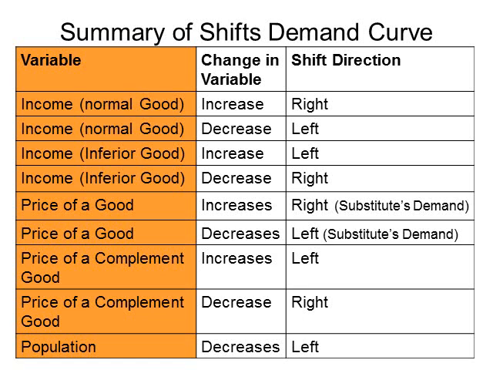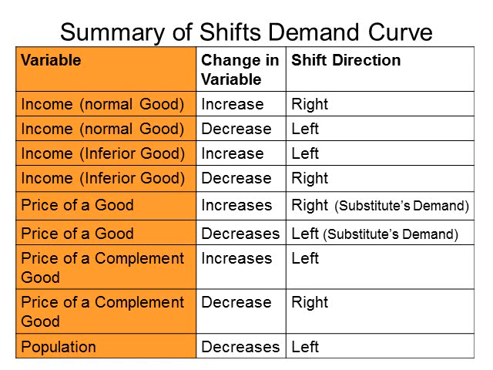The things that cause the demand curve to shift are income. Notice that in income there are two types of goods that have different effects when income increases. Remember that normal goods are goods whose demand curves shift to the right as income increases, and inferior goods are goods whose demand curves shift to the left when income increases.